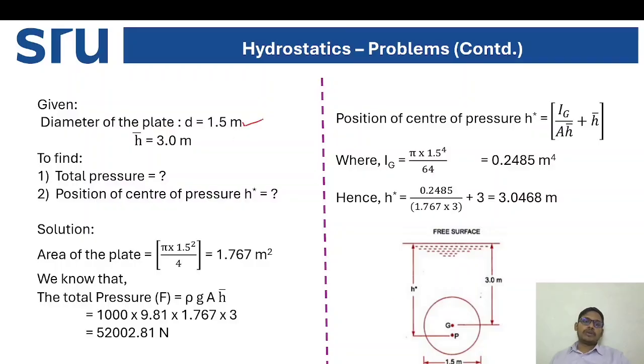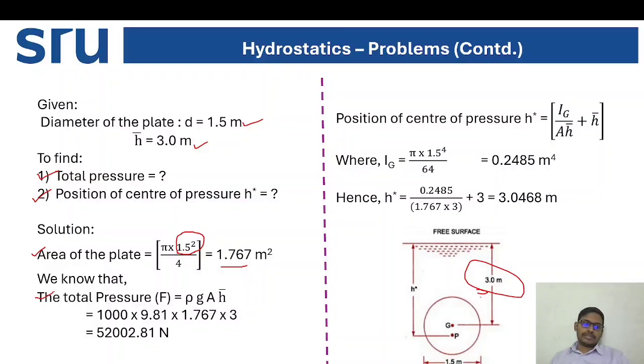Given d is equal to 1.5 meters, h bar is directly given, no need to calculate, 3 meters, and here we have to find two things, total pressure and position of center of pressure h star. Solution: area of the plate is equal to pi by 4 d square, that is pi by 4 into 1.5 square, that is 1.767 meter square.